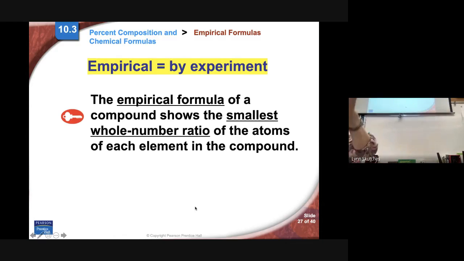Now, some compounds, it's really simple, like water. When you look at the formula for water, there's a subscript for the hydrogen, and there's no subscript for the oxygen, so it's understood to be 1. That means for every 2 hydrogen atoms, you have 1 oxygen atom.